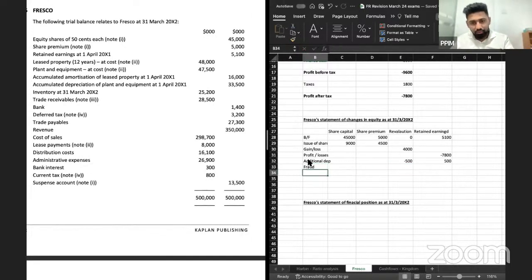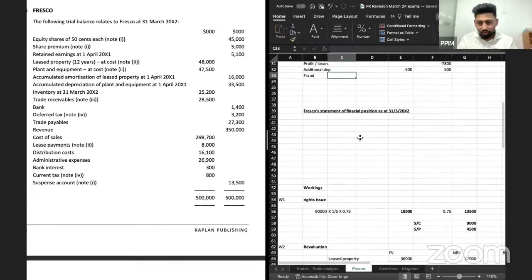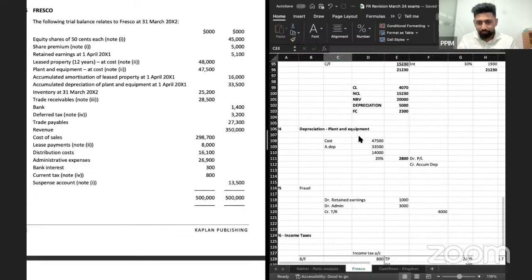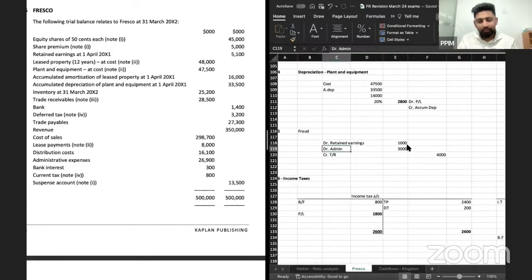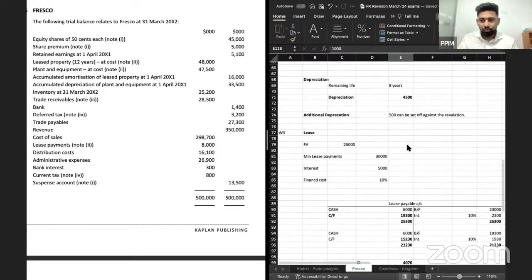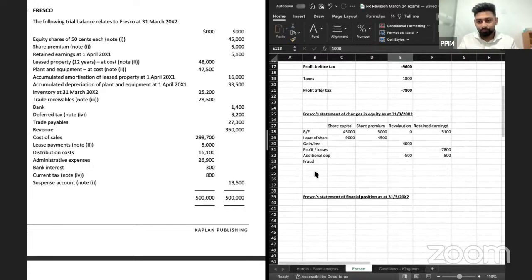That's right. There is a fraud adjustment. How much is the fraud that we have? Fraud in opening retained earnings, 1,000. This has to be adjusted as well. So once again, I come to the top. Fraud equals minus.